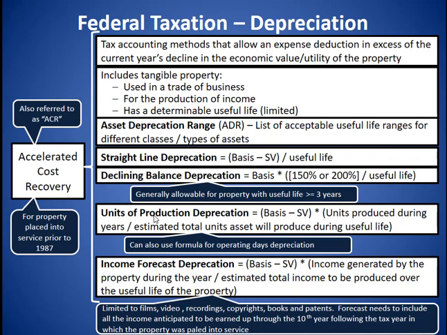Another method of depreciation is called units of production depreciation, and this is your cost basis of the asset minus its salvage value times the units produced during the year divided by the estimated total units that will be produced during the useful life of the asset.